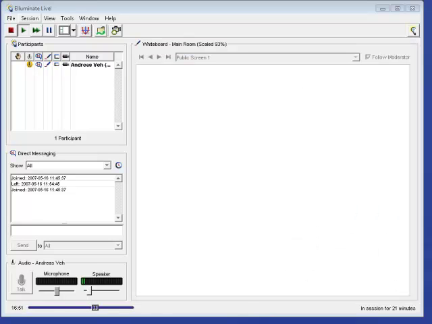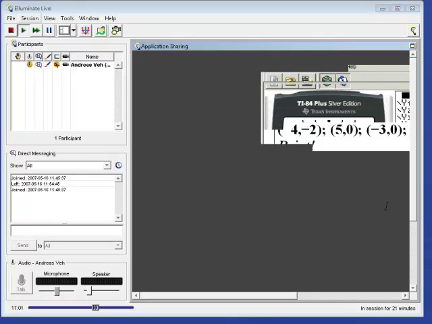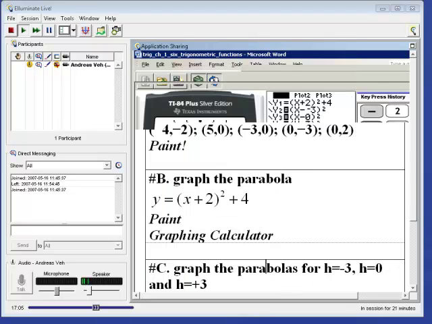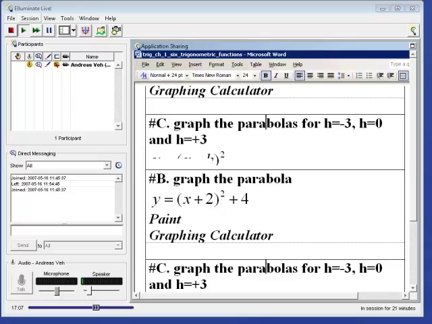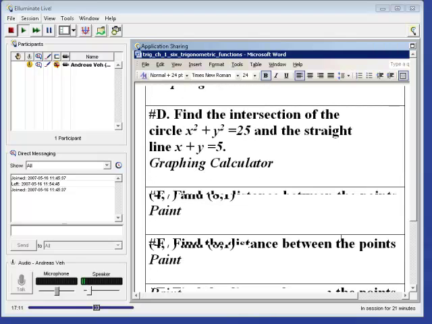Okay, let's go back to Word and see what other exercises we have left. Okay, I'm going to scroll down. I said this will be a little bit more busy later on as I insert all these graphs here.